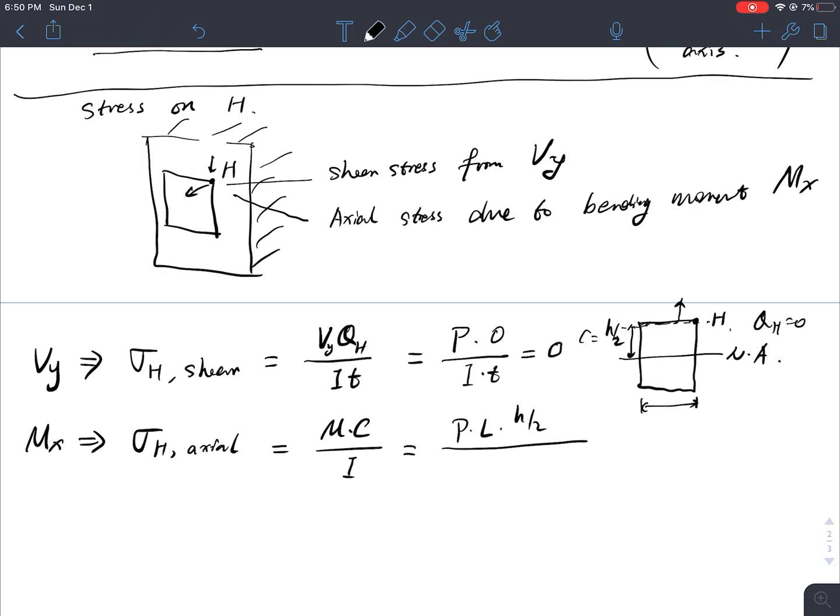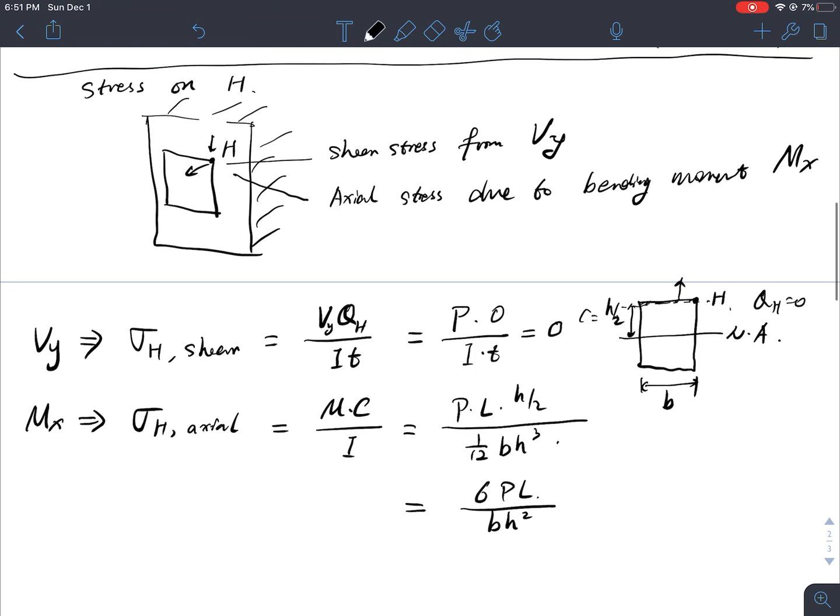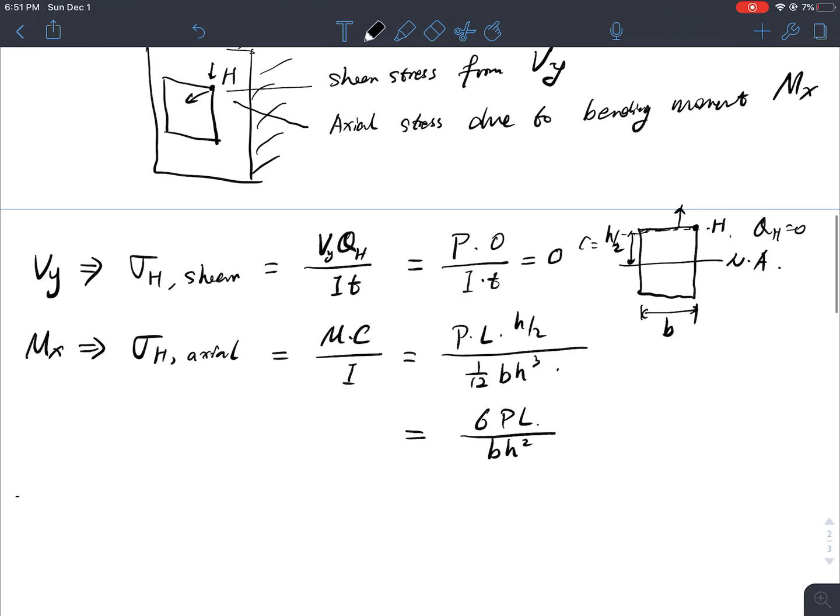Assuming the width of the beam is B, I have I equal to 1/12 BH cubed. So I flip the top and bottom, and I have 6PL over BH squared. Now I have both the shear and the bending stress at this corner H.